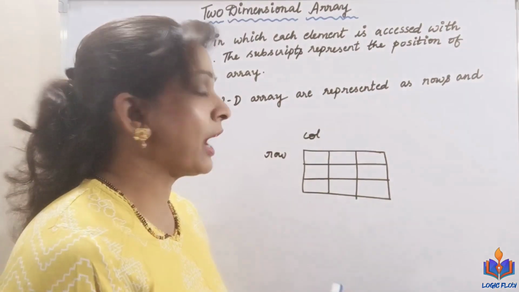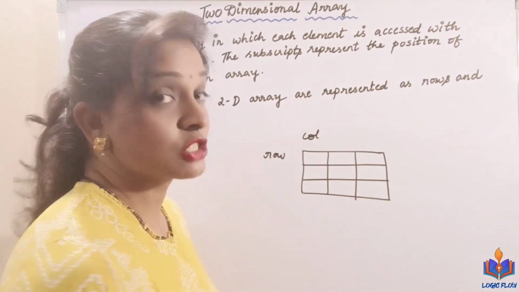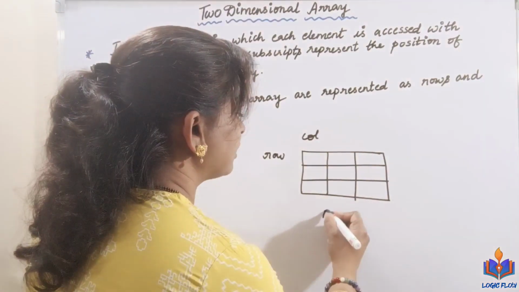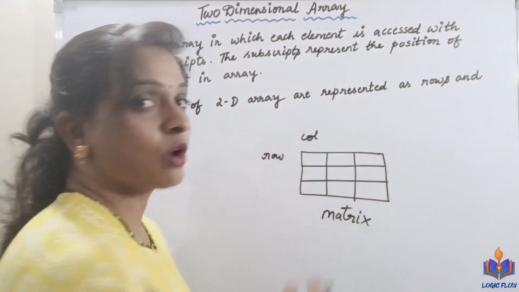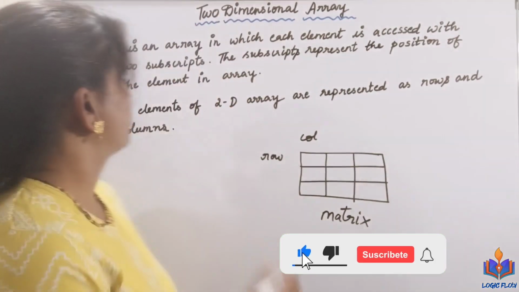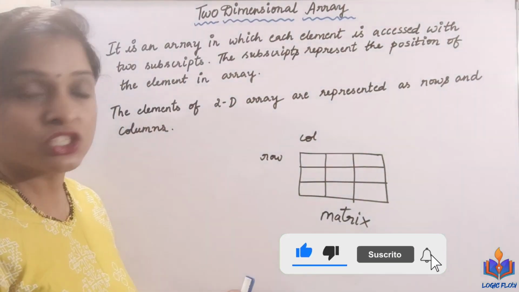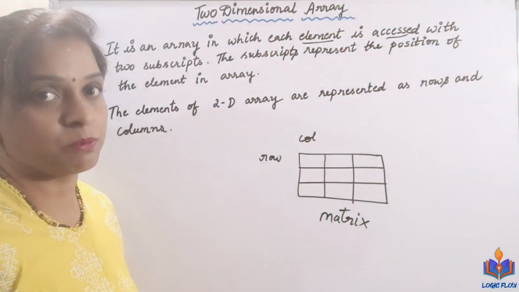And this kind of data we usually store in a matrix. So when we want to represent the matrix form of data, that is in the form of rows and columns, we use a two-dimensional array. It is an array in which each element is accessed with two subscripts.